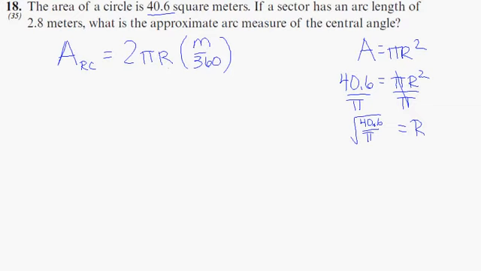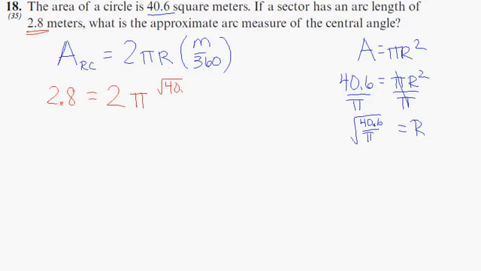Well, we know the arc length is 2.8 meters, so that's going to go right here, 2.8. Right now, all I'm doing is plugging in all the values that I know. I know this is 2, I know this is pi, and I know my radius is this big piece right here, 40.6 over pi.